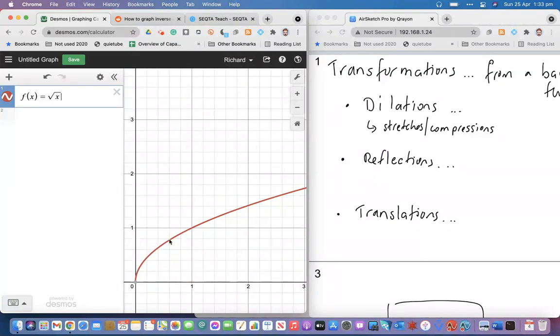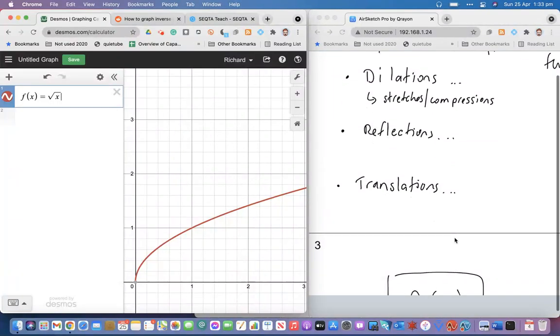So a coordinate that's there may find itself up here somewhere, or down here somewhere, or over here somewhere. So to track what effect a transformation has, you can often pick a point like 0, 0 or 1, 1 or something like that, and see where it ends up after the transformation has taken place. So you're picking a point as an example, knowing that every single, infinite number of points along here are being transformed in a similar way.